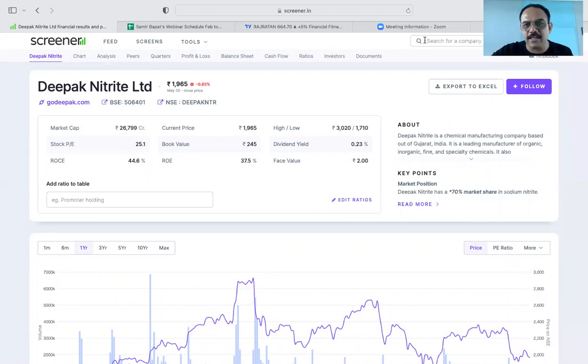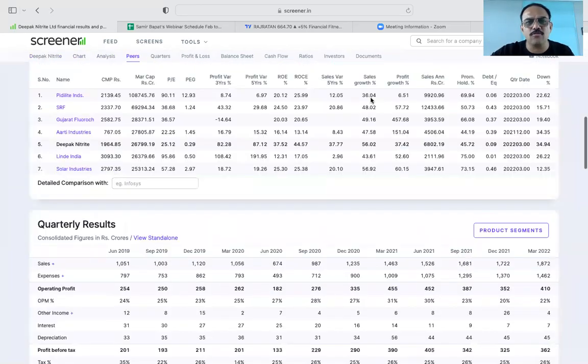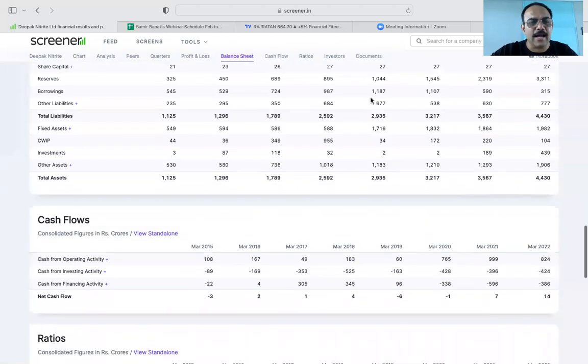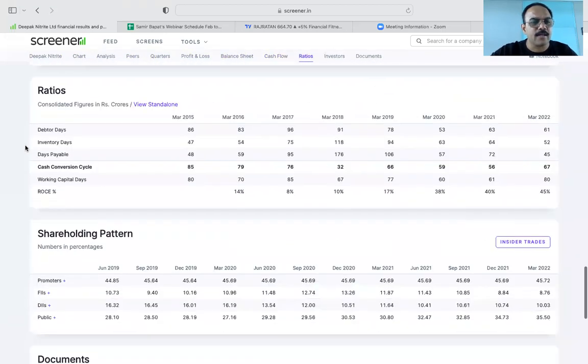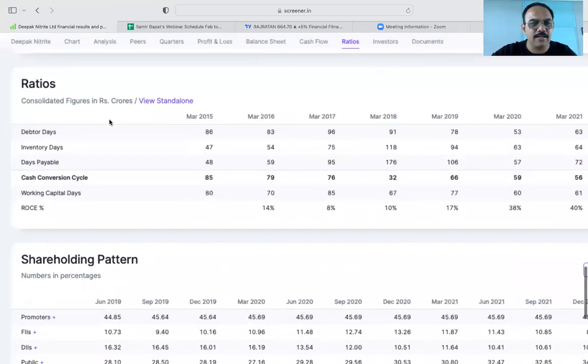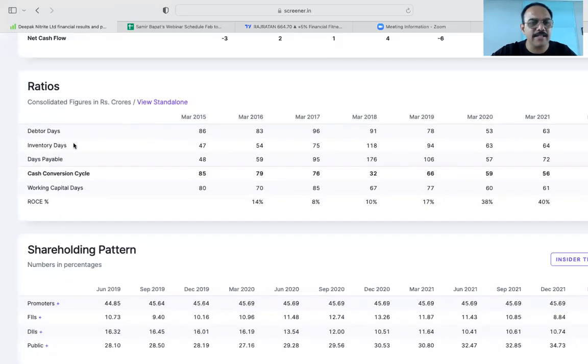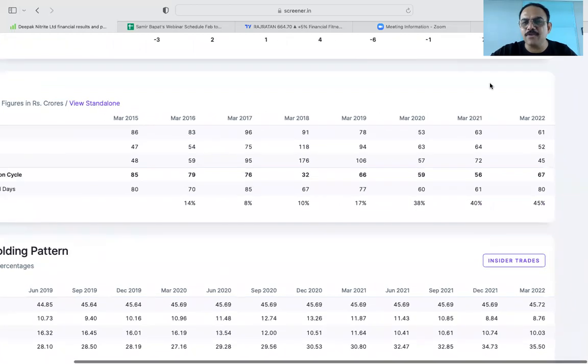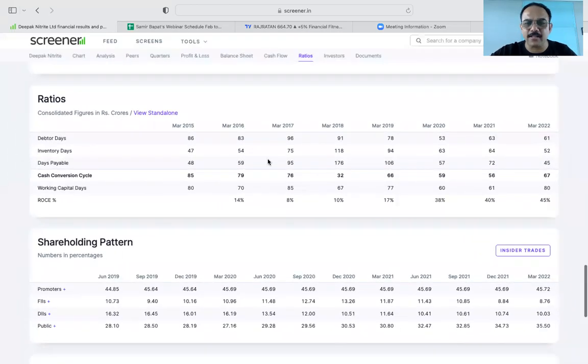In screener, if we go down, we will find inventory days mentioned here. I will expand it. Inventory days, it is 52 days it takes to clear the inventory.